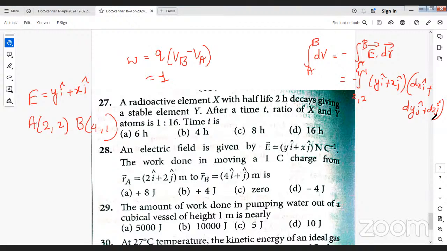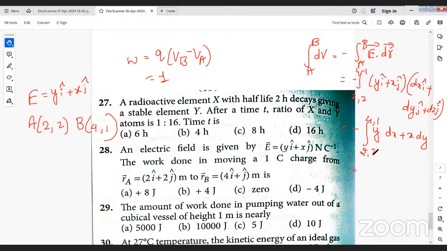Okay, so therefore if you simplify this you will get minus integration of y dx plus x dy, from 2 comma 2 to the B point, 4 comma 1.